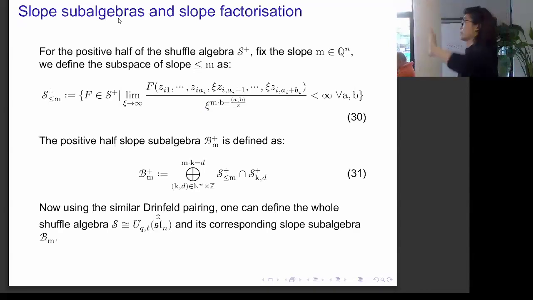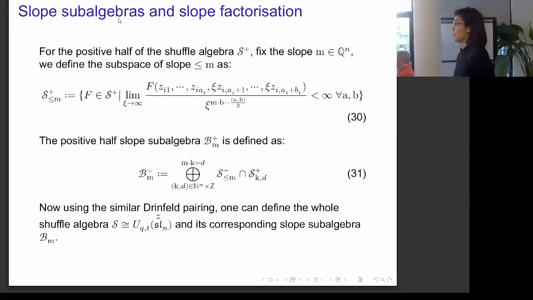The slope being smaller or equal to m means that this function will have the asymptotic behavior as this power of the chi over here, with arbitrary a and b in the number of the variables over here. And this m is just the m that has been defined over here, and this inner product a and b is defined using the Cartan matrix of the affine type quiver varieties.